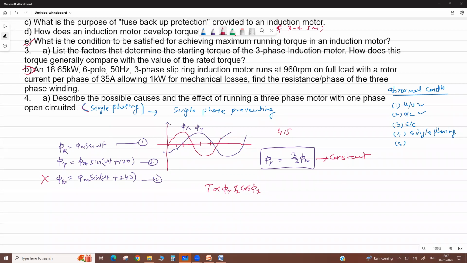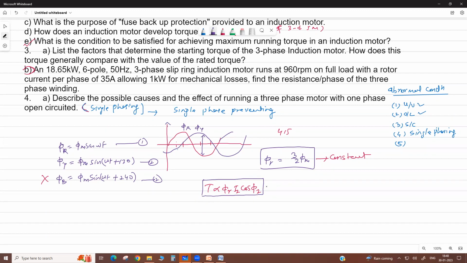So if the flux is not constant, the motor does not develop a constant torque. It is pulsating. When the phases are opposite, there is no flux, zero. Then the motor gets a jerk also, and it will not develop a constant torque.